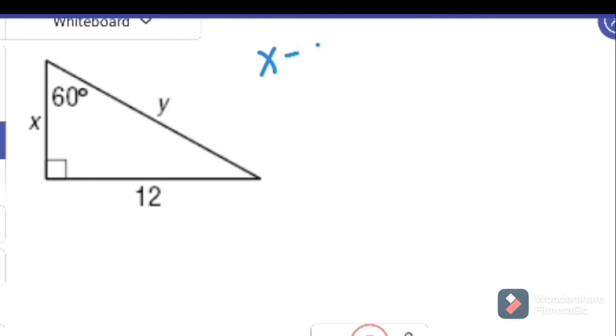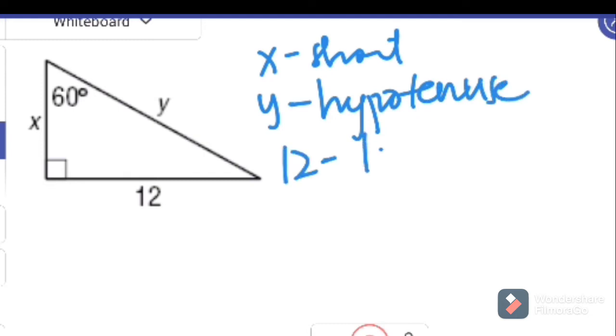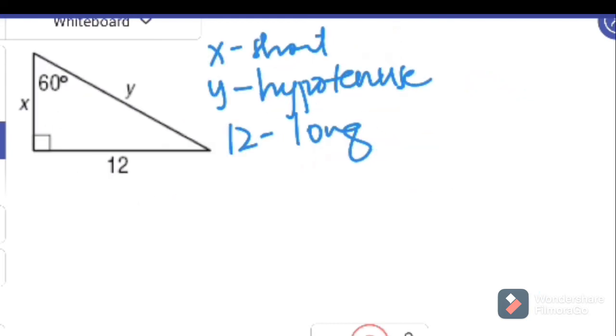X is the shorter leg or the short leg. Y is our hypotenuse. And 12 is our long leg. So how do we find the values of X and Y? What do we know?